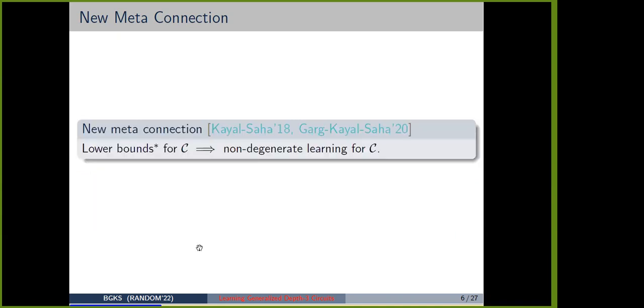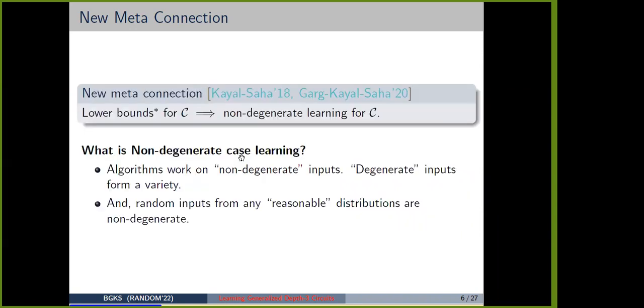Now, one might wonder why we are getting non-degenerate learning instead of general learning for the class C. And what does it mean to have non-degenerate learning? Let's answer that question by looking at what a degenerate input is. We allow our algorithms to fail at certain inputs, and those we call degenerate inputs.